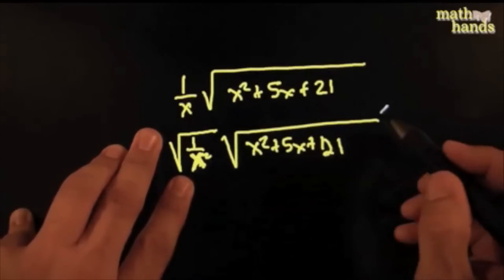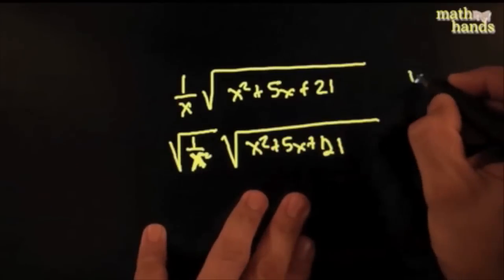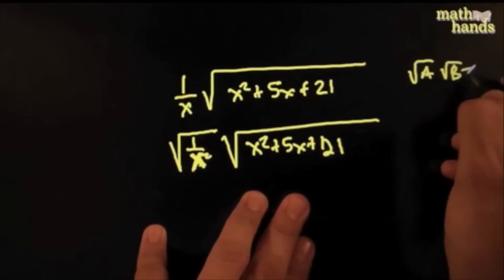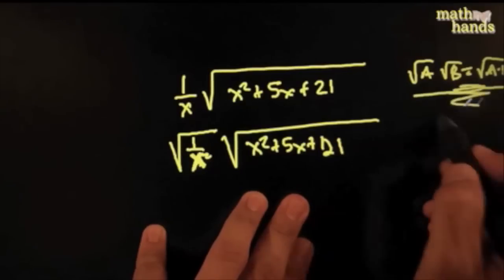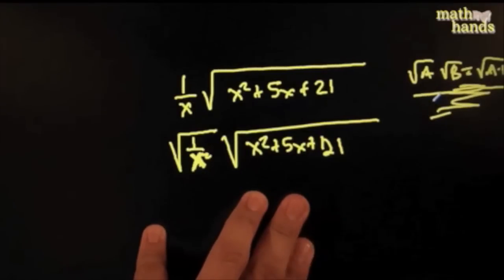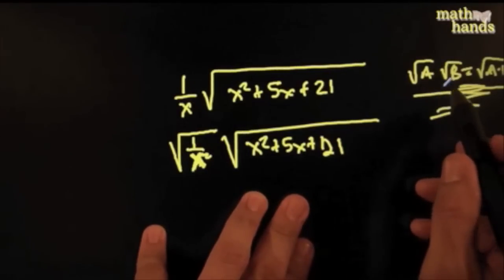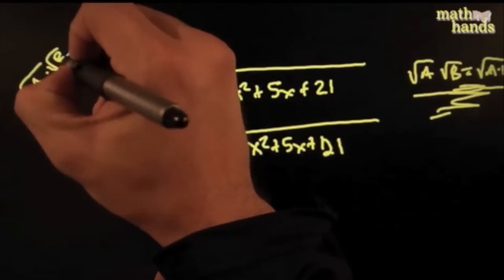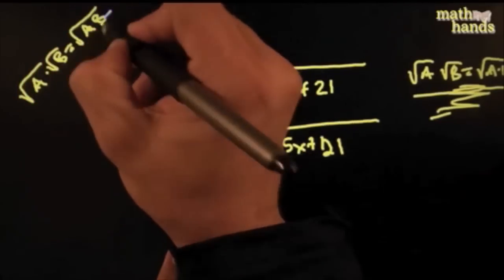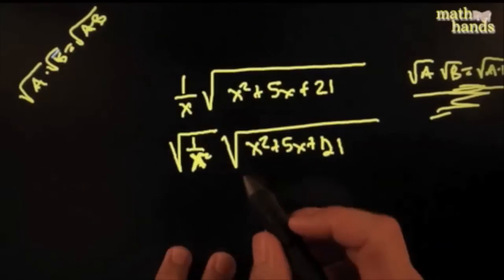And now this has the advantage that when you have 2 square roots, like the square root of a times the square root of b, you can join them into the square root of a times b. You remember, right? Oh shoot, I think you can't see that. Well, I'll put it over here. The square root of a times the square root of b is equal to the square root of ab. If a and b are positive, you can always play that game.